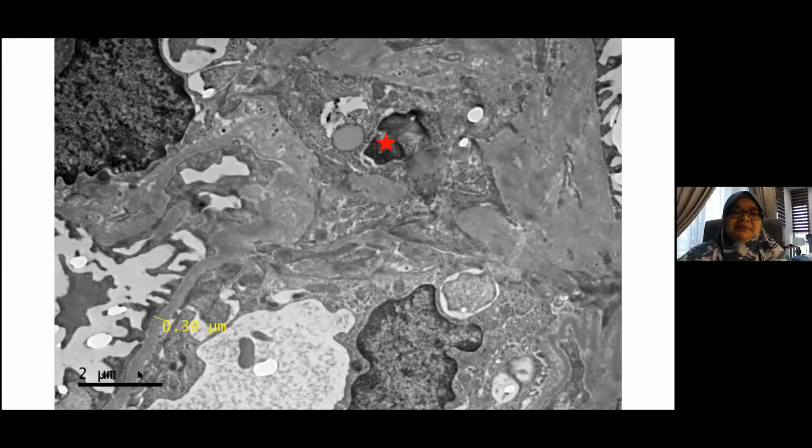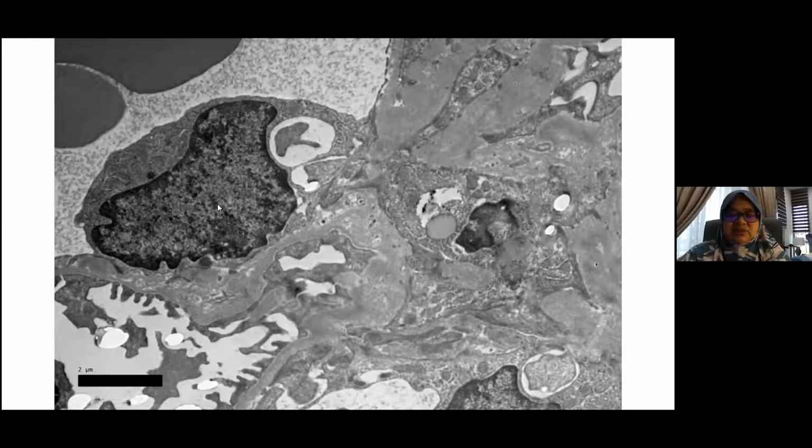And this is one of the capillary loops. Can you see the red blood cell here? We can see the fenestrated endothelial cells. This is the endothelial cell, and this is the mesangial cell.